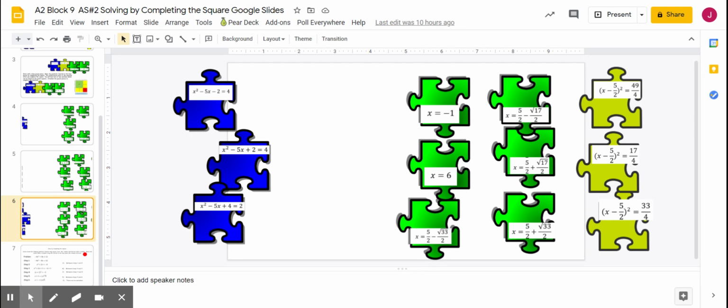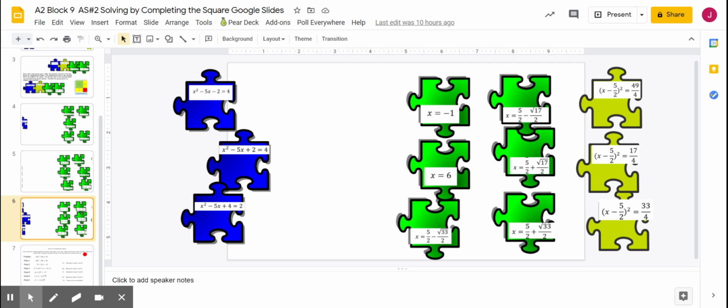It's really important that your x squared term is 1. So you have to have a 1x squared. And this is not a 1x squared, it's a 2x squared, and that 2 is multiplying. So to get rid of it, I'm going to divide. If I divide that by 2, I have to divide everything by 2.